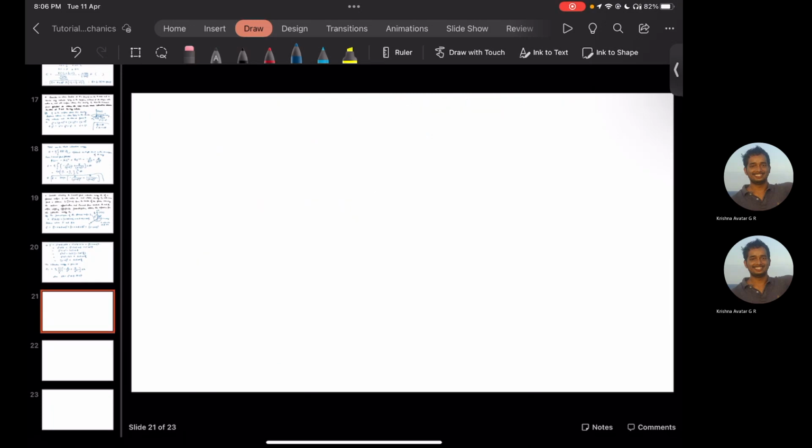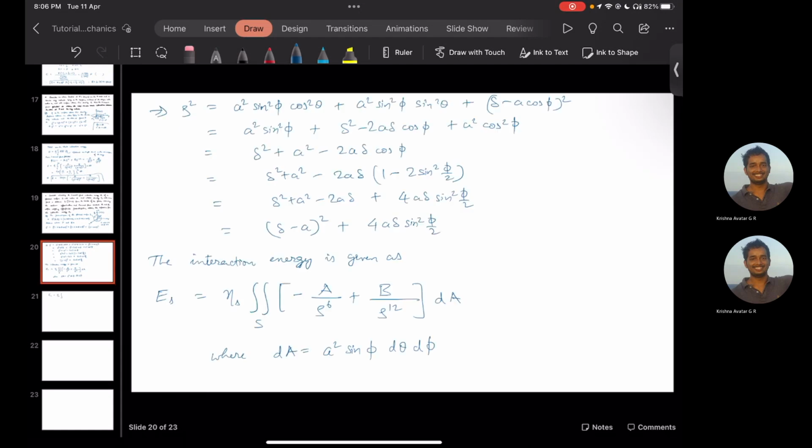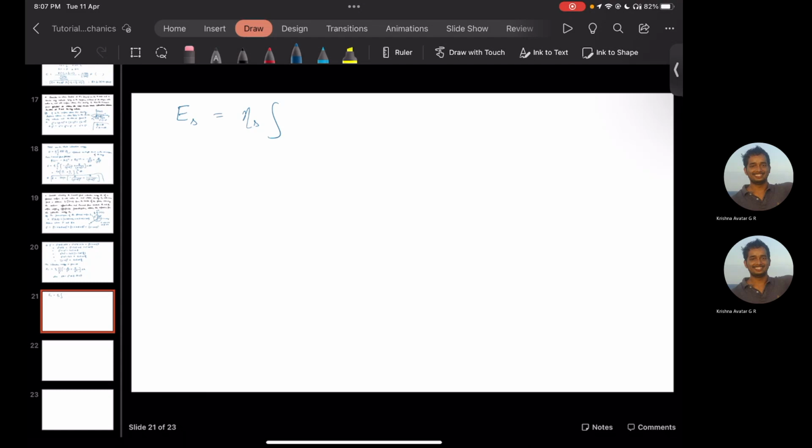Is it not? Okay, so now let's evaluate E of s is equal to eta of s. And now let's put in all the limits that we need. For theta, our limits are 0 to 2 pi, as we have chosen. For phi, it is 0 to pi.